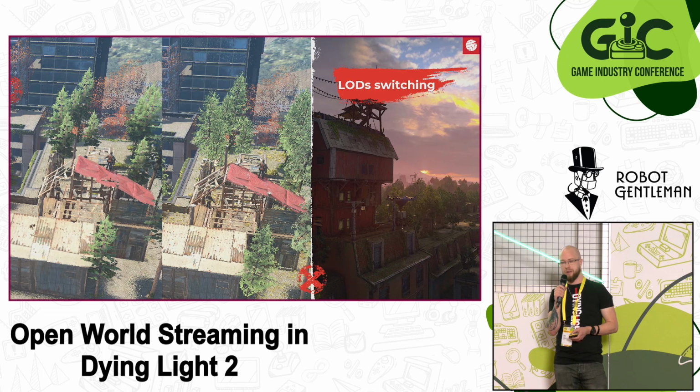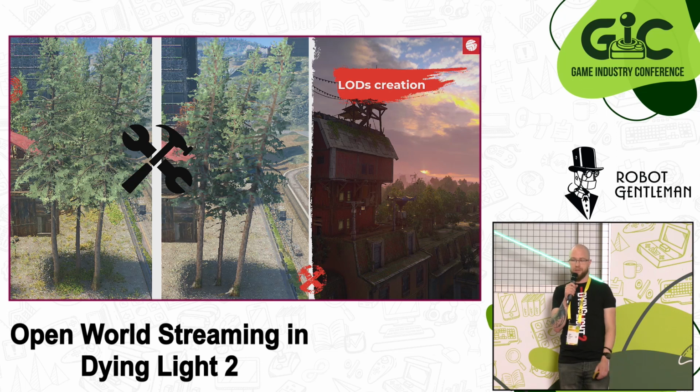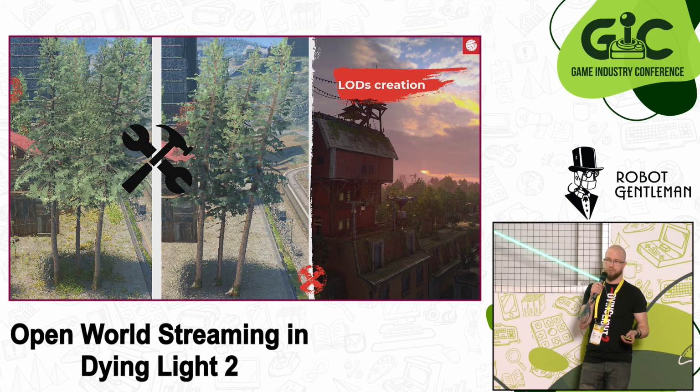Then how we camouflage those transitions by switching levels of detail, called LODs for short. So, how we mask the fact that we are loading or unloading something. And since it's also part of the performance task we're having, how we create those LODs and what they are in our world streaming scenario.